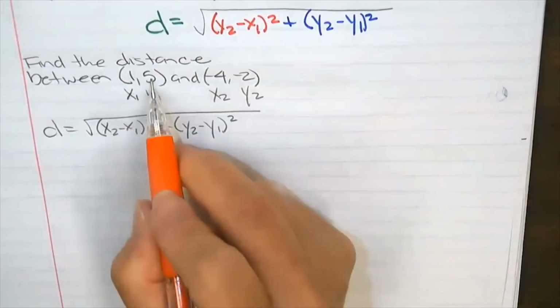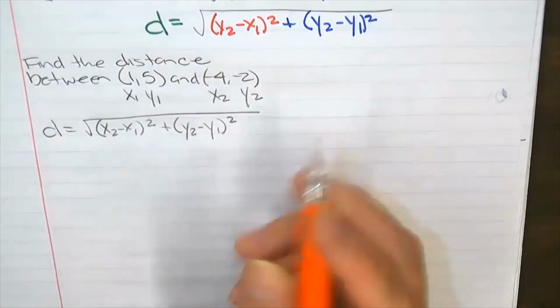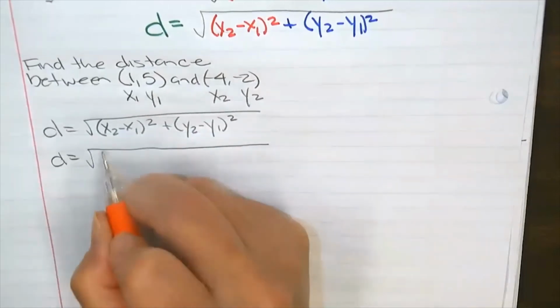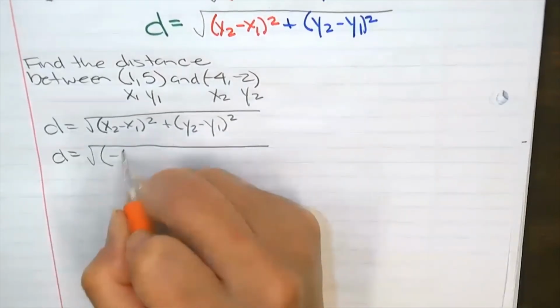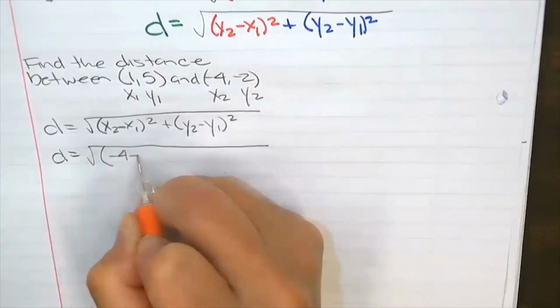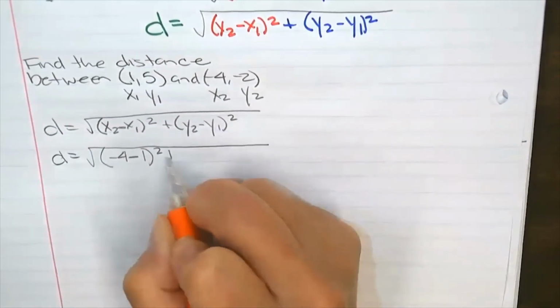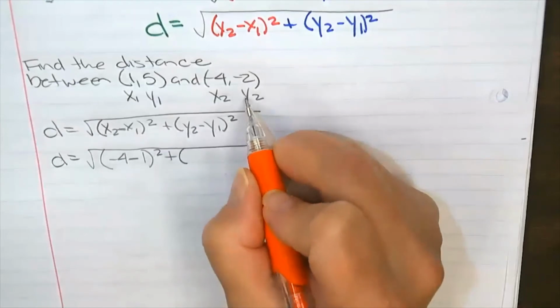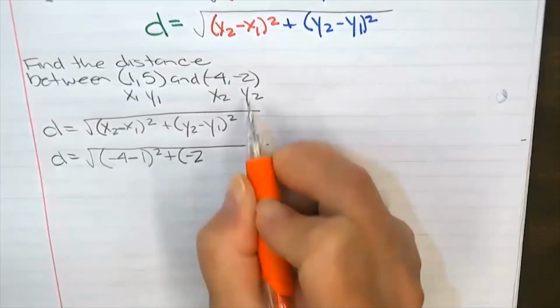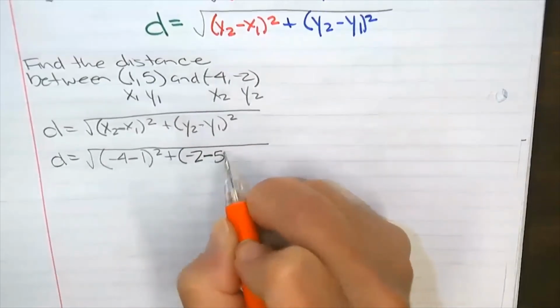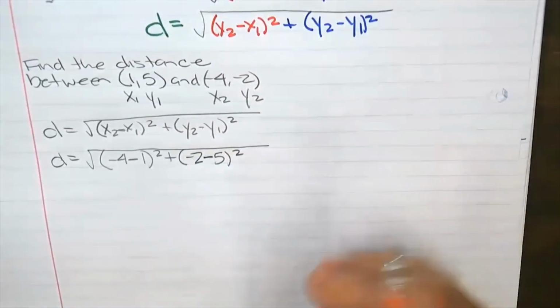Now I can substitute these numbers here. So the distance is equal to the square root. X2 is -4 minus X1 squared plus Y2 minus Y1 squared.